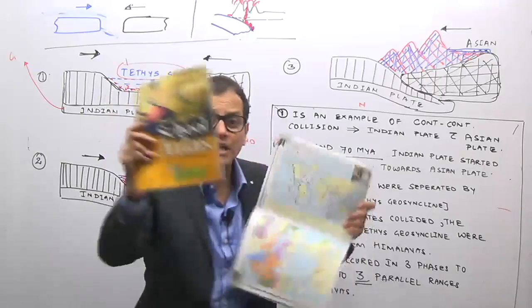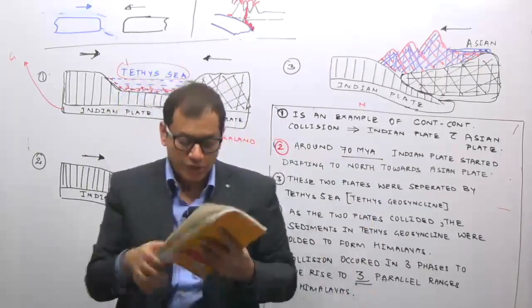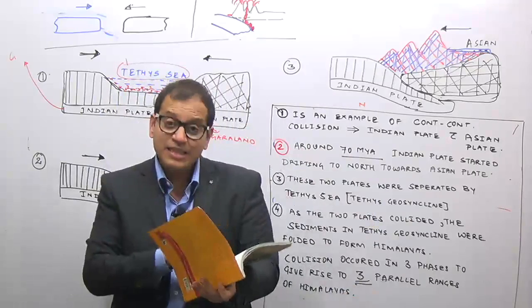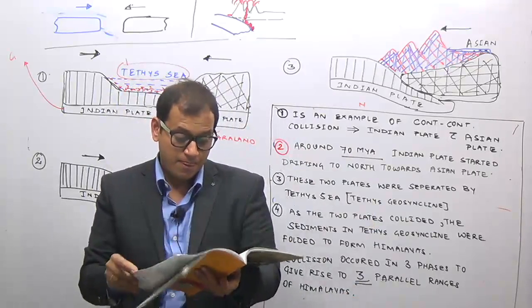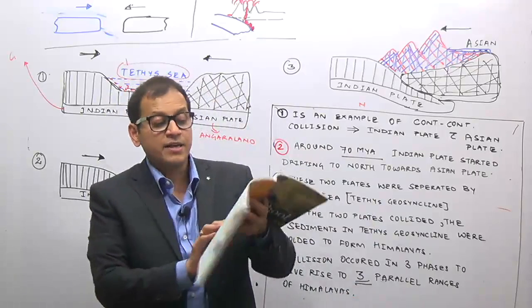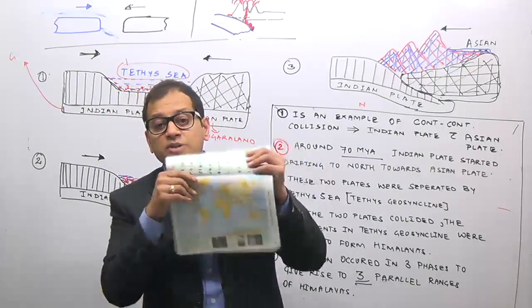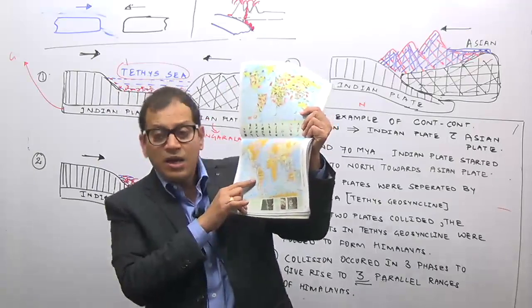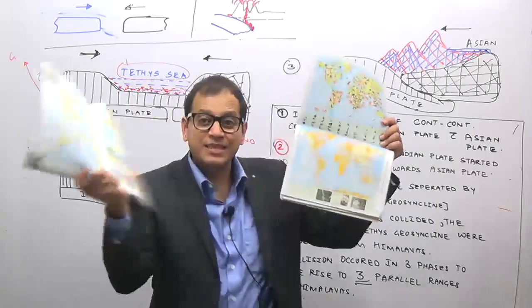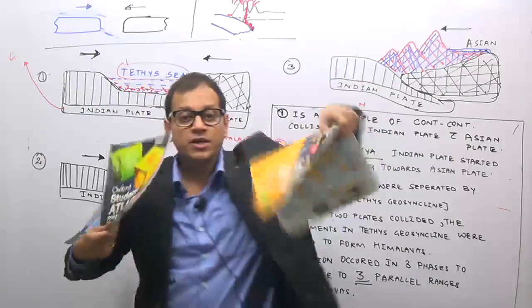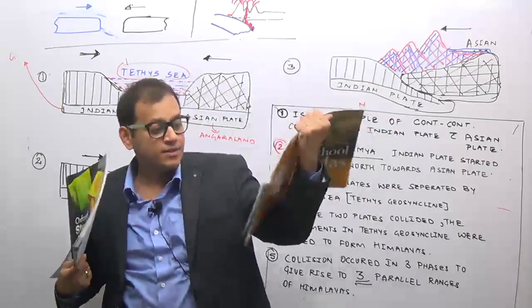If you are carrying the Orient Black Swan Atlas, you will see it on page 89, World Tectonics and Natural Hazards. So page 114 in this atlas, page 89 in this atlas.